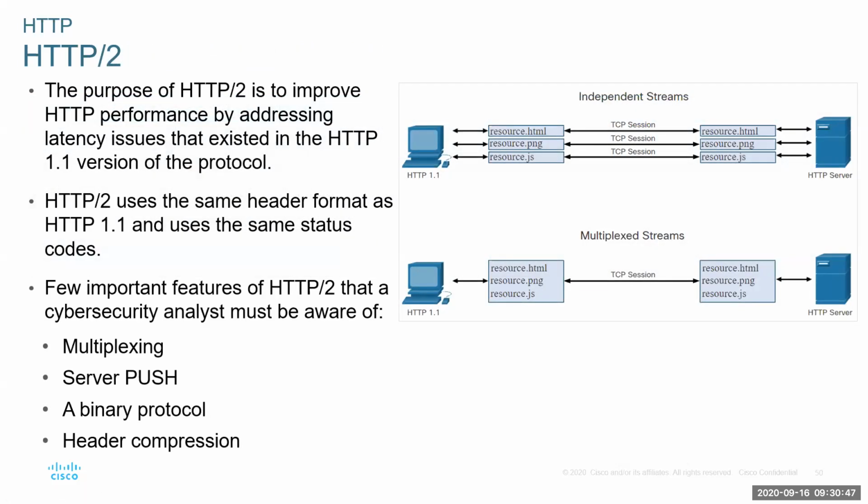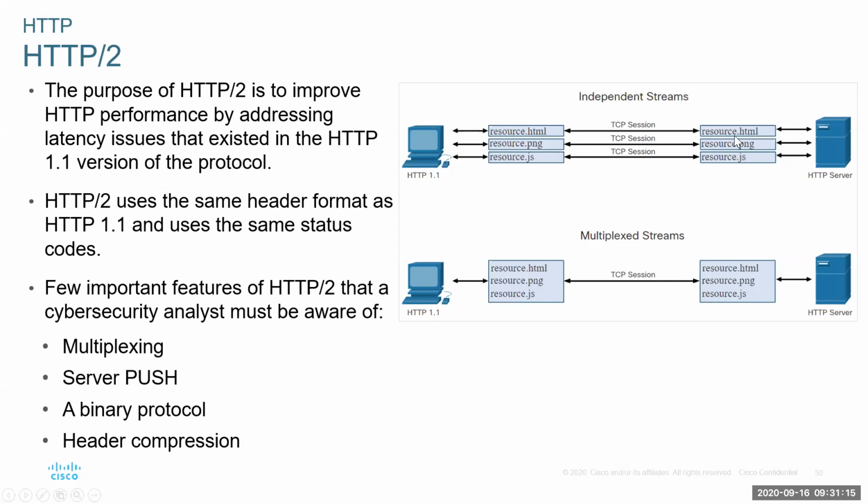So there's a new protocol called HTTP/2, which is used to improve HTTP performance by addressing latency, etc. within 1.1. It uses the same message format and same status codes. The main feature that a cybersecurity analyst needs to be aware of is being able to multiplex streams. Typically you used to set up TCP sessions, as you see here, one for each resource that you're going to be fetching.